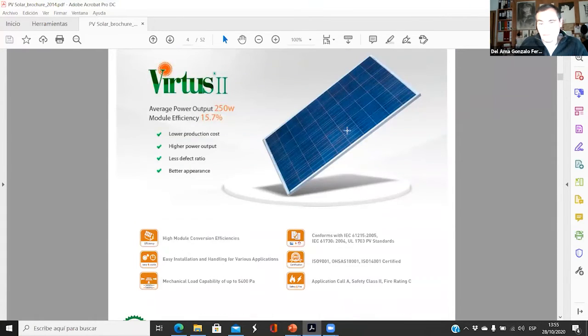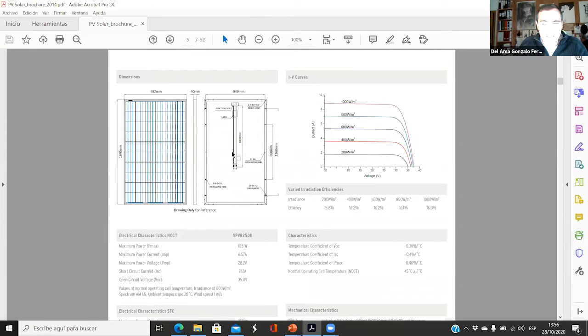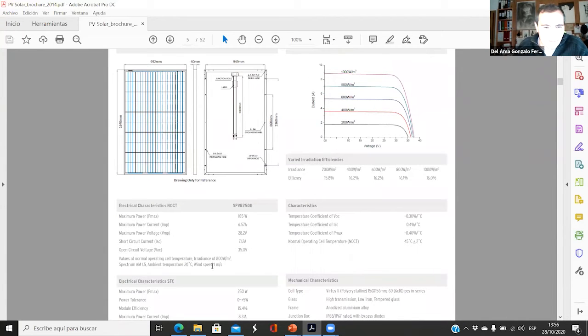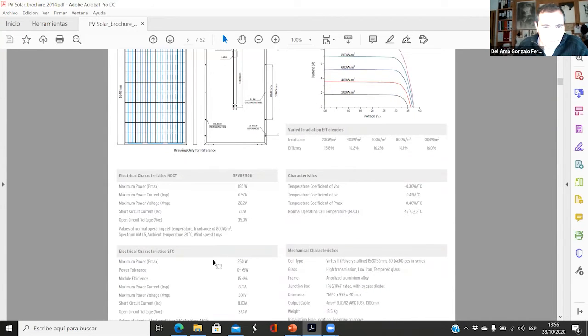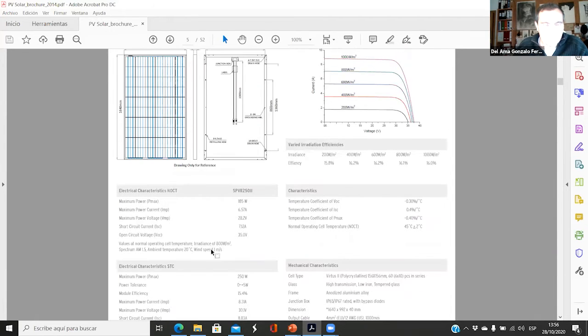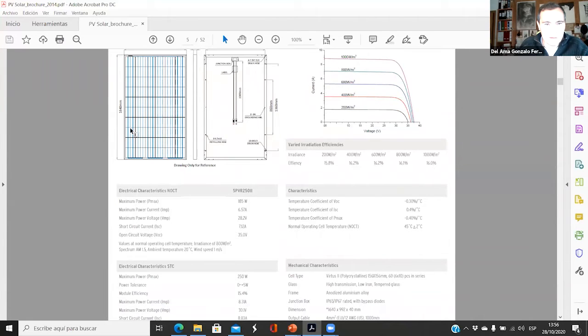This is polycrystalline for sure. It's either crystalline or polycrystalline, so it's not thin film technology, so we can make sure that we have the best efficiency here. And the only thing is, look at this. This is the information that we need. So I'll copy this.